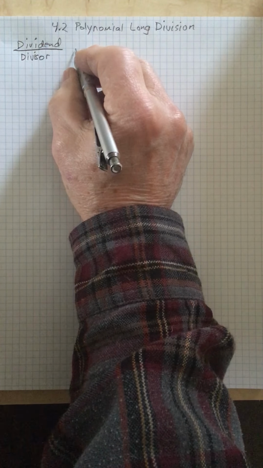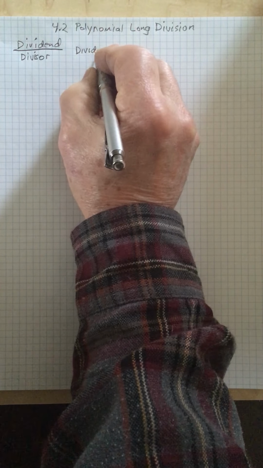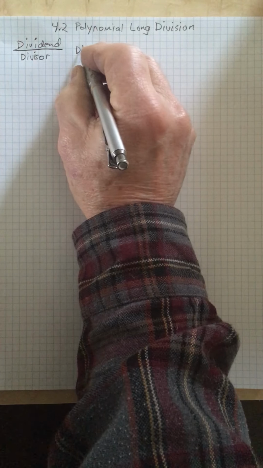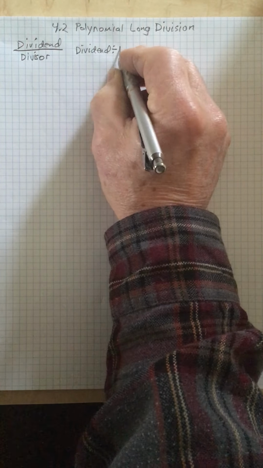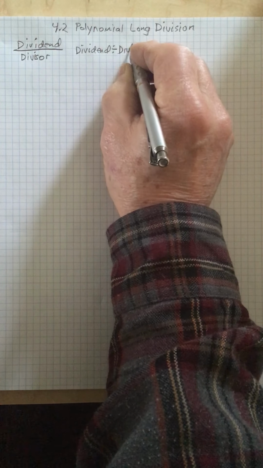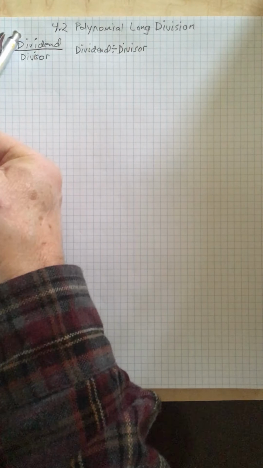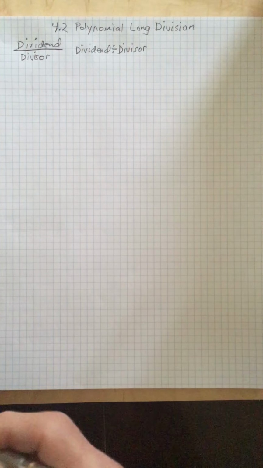Often you might see it written this way. So dividend divided by divisor, or dividend divided by divisor.